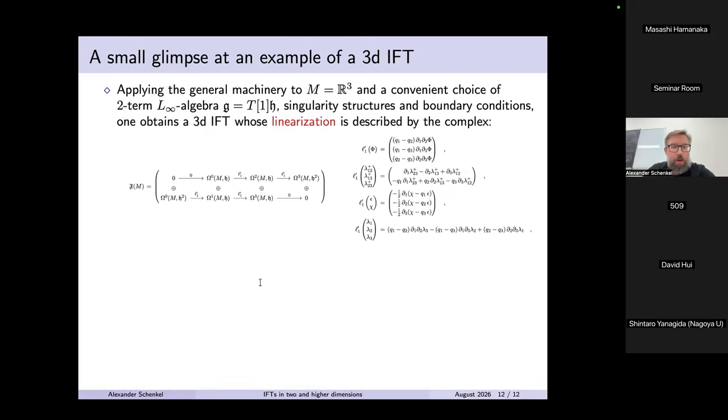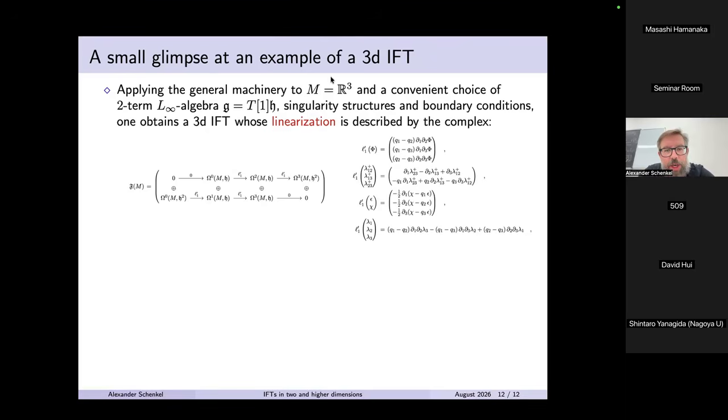Since I'm running out of time, I do this part very, very quickly. We did a few calculations on a simple example, which already displays some, in my opinion, interesting features of integrability in 3 dimensions. So let me very briefly say that.